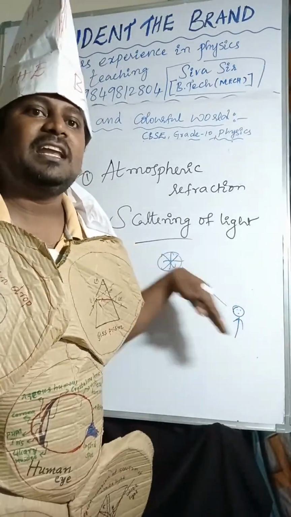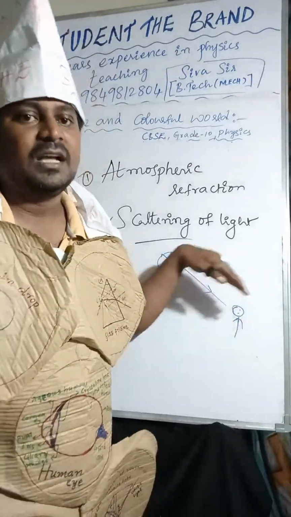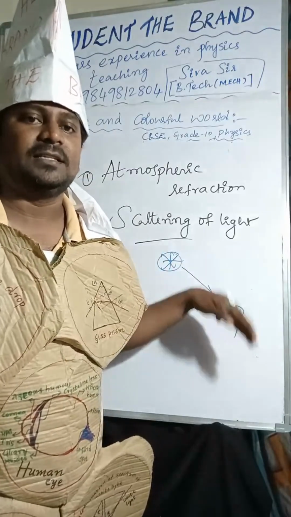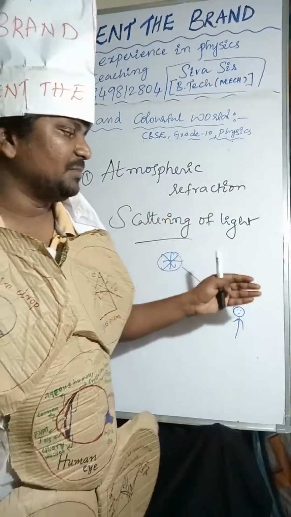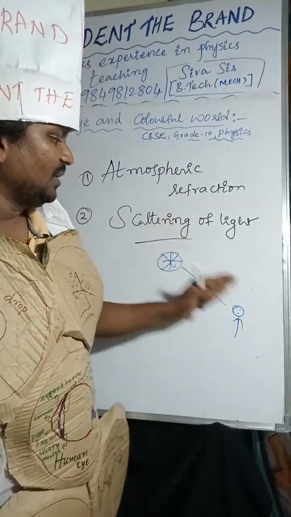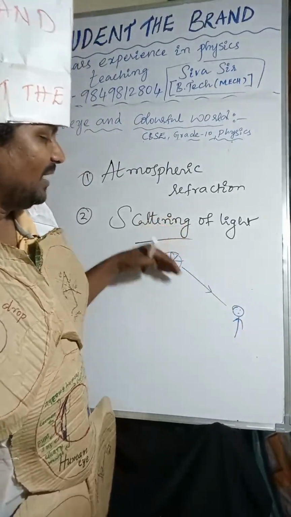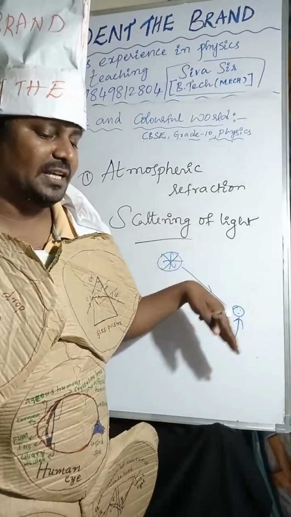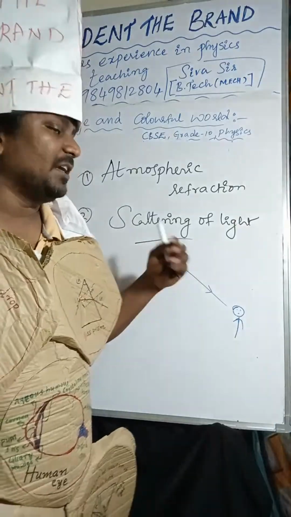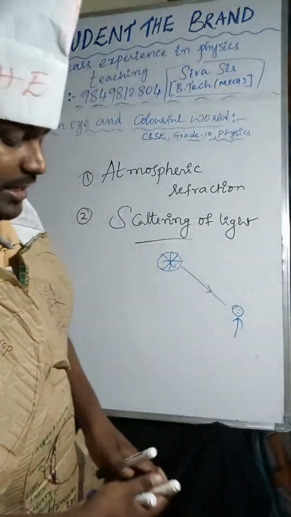Continuously refraction takes place, from here to here. Because of that reason, the star appears flickering. The star appears twinkling.